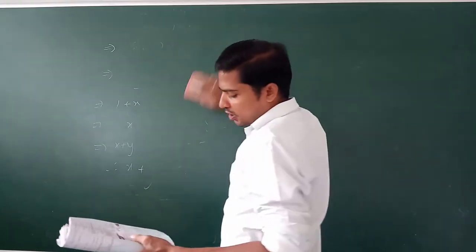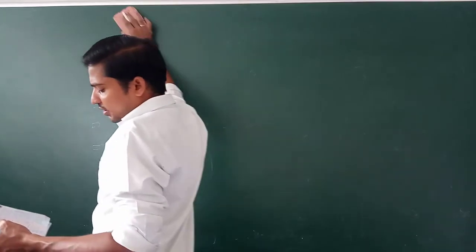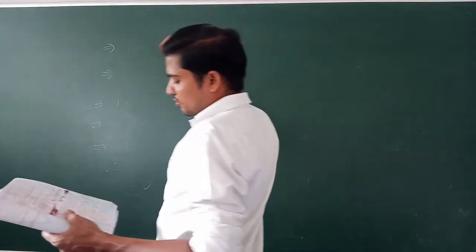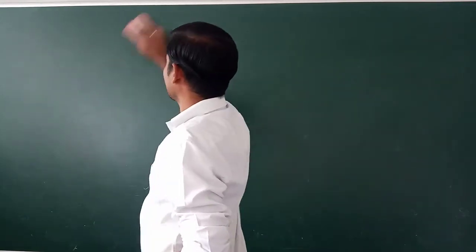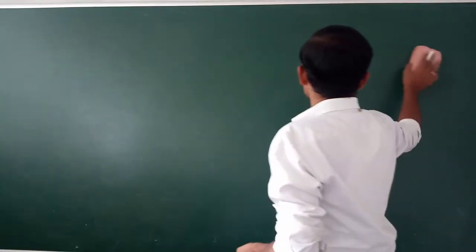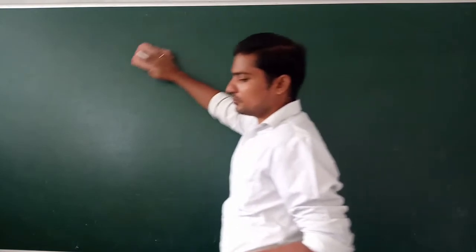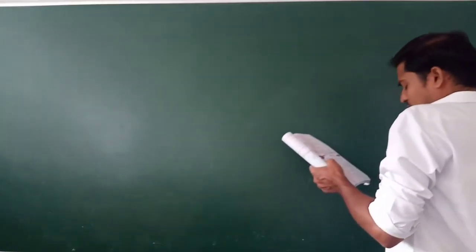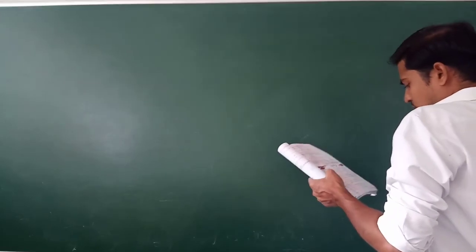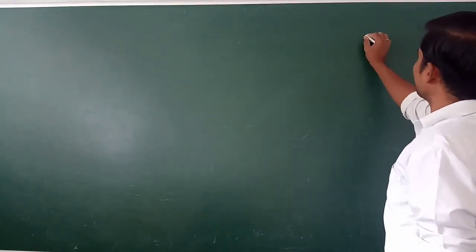The point P(2, 3) divides the line joining the points (5, 6) and (8, 9). Then find the ratio. Problem number 5.